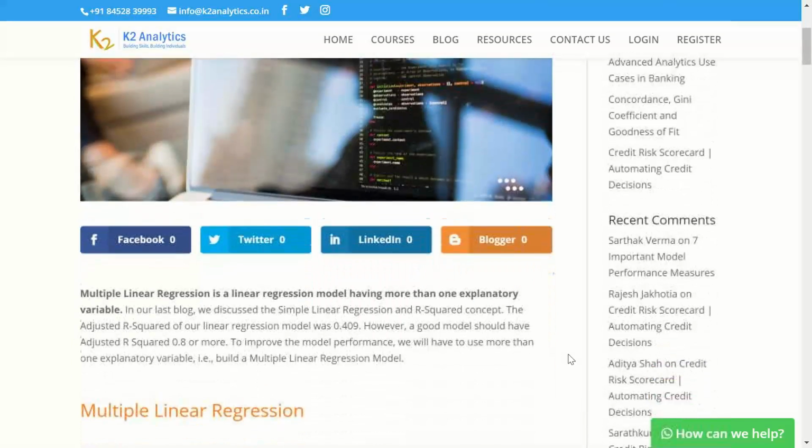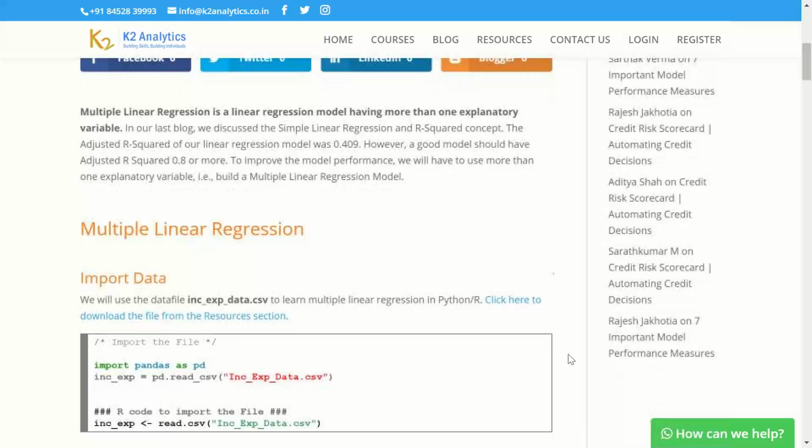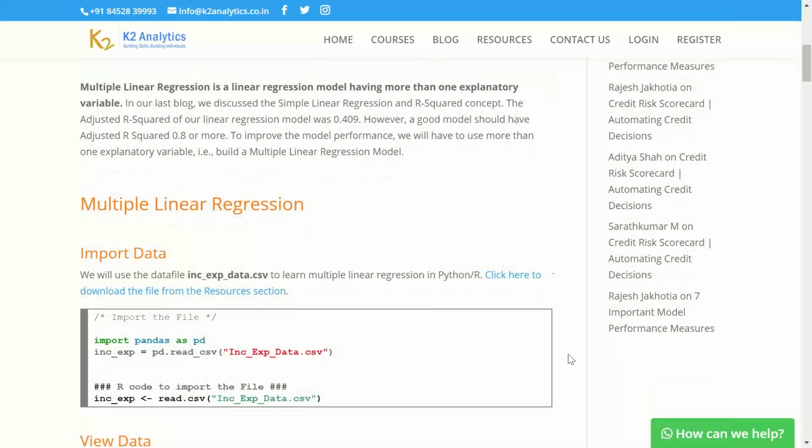Now, why do we require multiple linear regression? The reason is, we already saw with a simple linear regression, we were only able to explain 42% of the variance in expense. 58% of variance in expense is still unexplained.